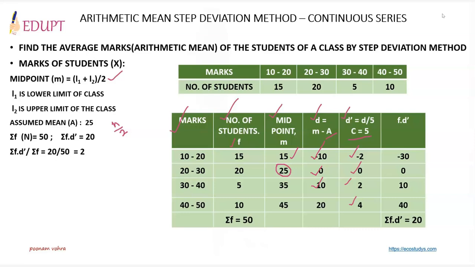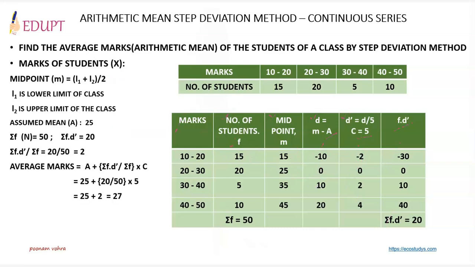Then we multiply deviation dash with the frequency. That is 15 multiplied by minus 2. We get minus 30. And similarly we can find for the rest. Then we need to have summation of frequencies and summation of frequencies and deviation dash.